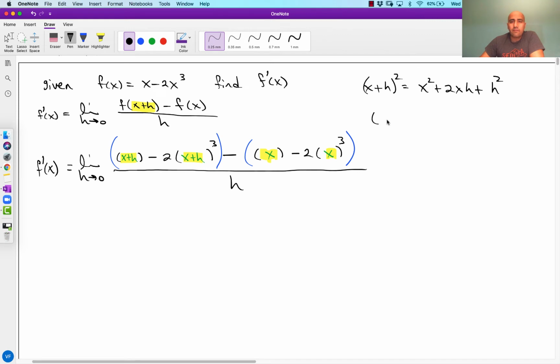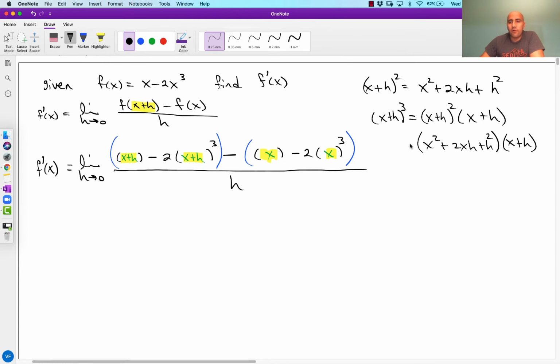And if we have (x+h)^3, well, that's just going to be equal to (x+h)^2 times another copy of (x+h). And this one we already had, so that would be x^2 + 2xh + h^2 times another copy of x+h.